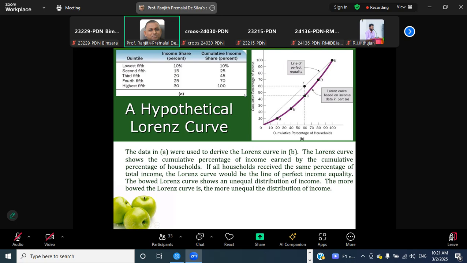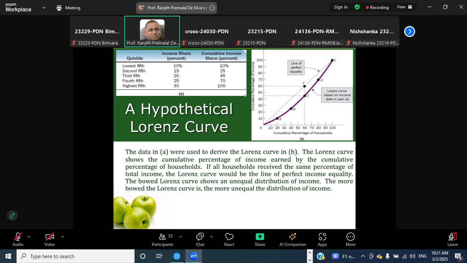and cumulative income share is 10%. Second fifth, 15, cumulative is 25. Third one is 20, so cumulative is 45. Fourth is 25, that comes to 70, and finally 100.